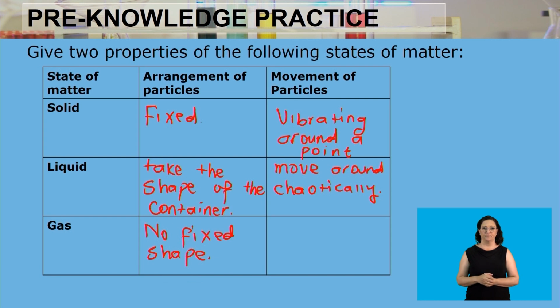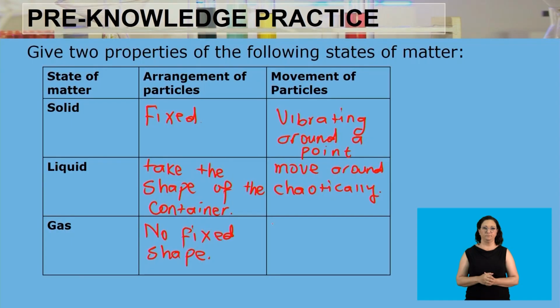So hence we're saying that the particles making up the gas don't have a particular shape because they're just moving around in a container, be it a square, a rectangle or a triangle. That does not necessarily mean that the shape is going to be a rectangle. They will just fill the space in that container.